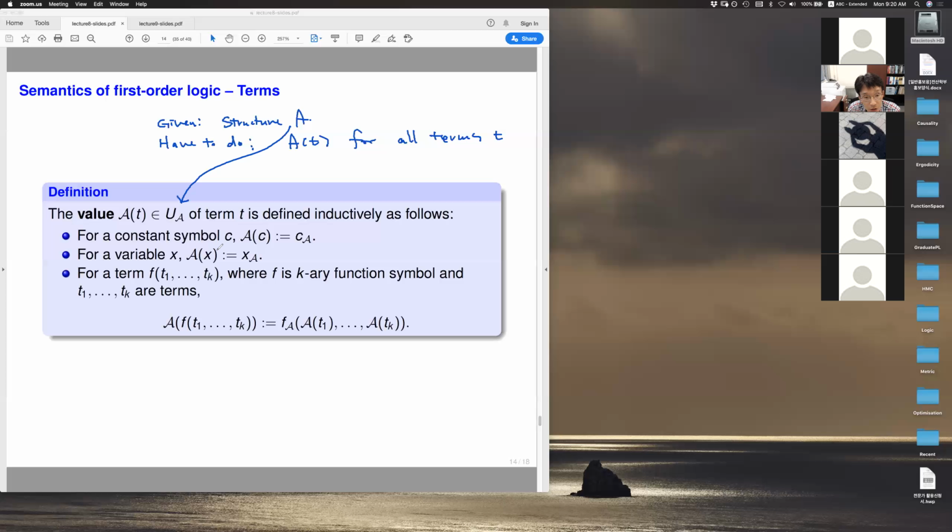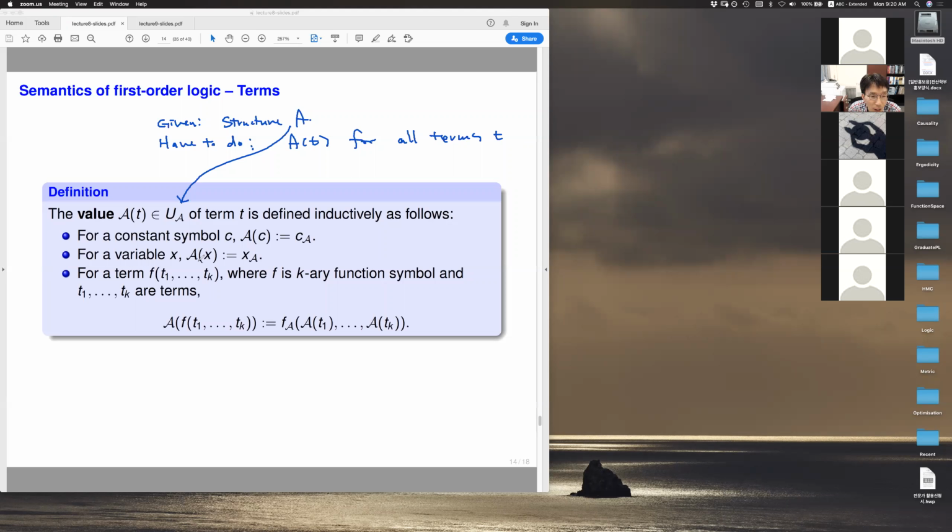The definition is done inductively, like this. If we have a constant, our structure already tells us what the meaning of the constant should be, so we just follow what the structure says. The value or interpretation of the constant is exactly the meaning given to the constant according to the structure. For a variable, we do the same. The fifth, last component of the structure was the semantics of the assignment, that is, the semantics of variables.